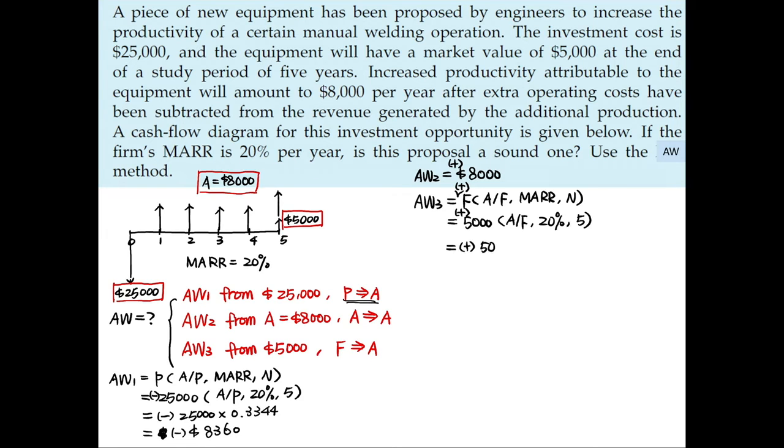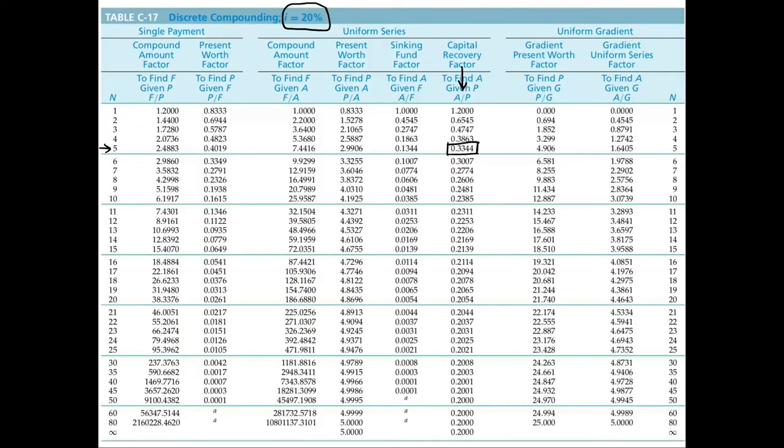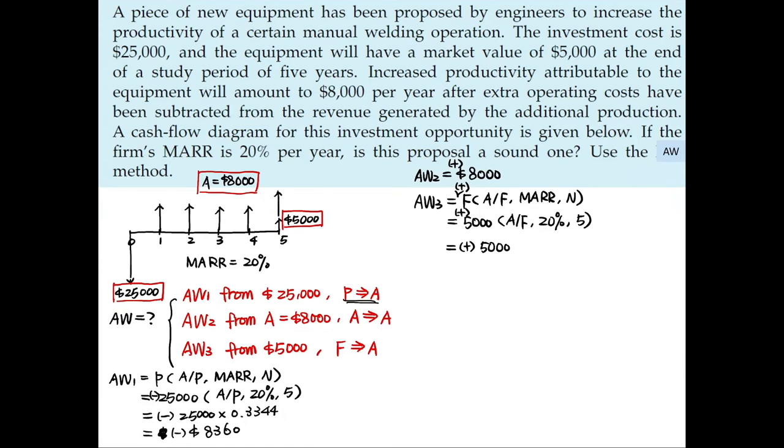So positive 5,000. The factor is from the column of A/F, and number of N is 5, so that's the factor. So it is 0.1344. The final result is 672.